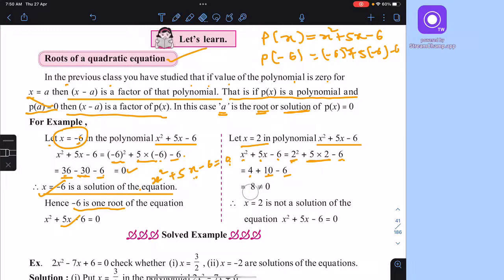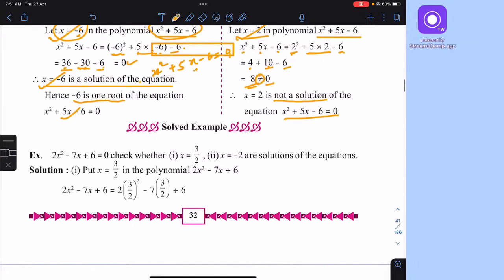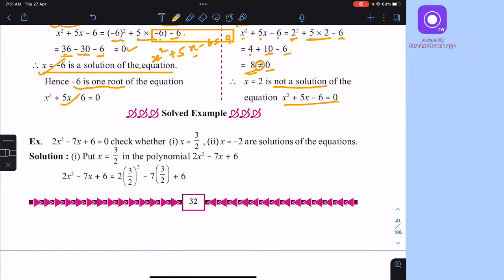So the left hand side value becomes 8, whereas the right hand side was 0, so they are not equal, and therefore x equal to 2 is not a solution of the given equation x square plus 5x minus 6 equal to 0. So this type of questions are also asked. They give some quadratic equation like x square plus 5x minus 6 equal to 0, and they give some values, x equal to minus 6, x equal to 2, etc., and you have to find which of them are the roots.